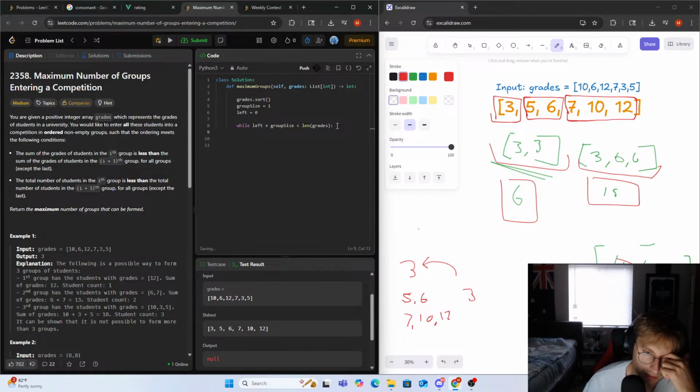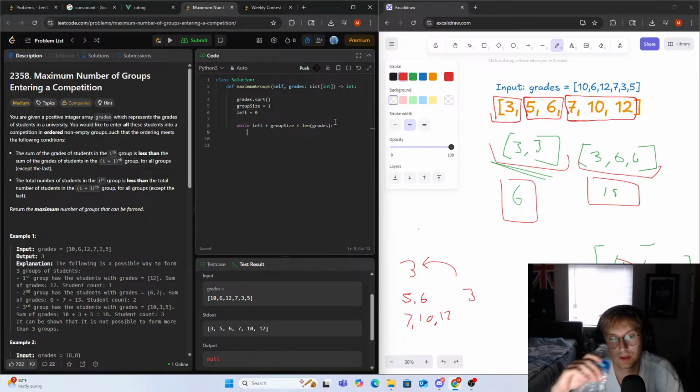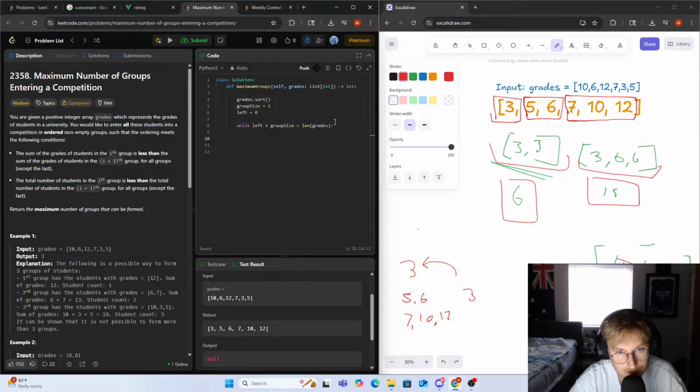So we're looking at valid numbers every time, right? What will we do here? Well, maybe we need some sort of if to check, like our distance that we're looking at.